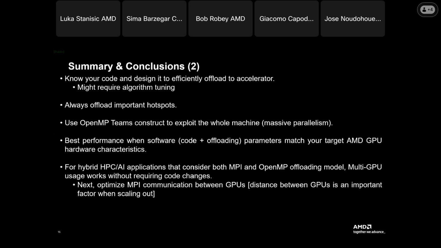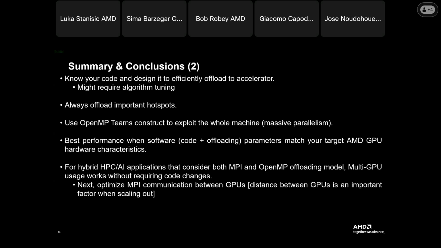That is why it is important, when you are offloading your application, to design it in a way that the application takes advantage of the full parallelism you can get out of the GPUs. If the algorithm or your code is not well tuned, or the code is CPU-based and not well adapted to the GPU, you can change it a little bit in order to take advantage of the full parallelism.